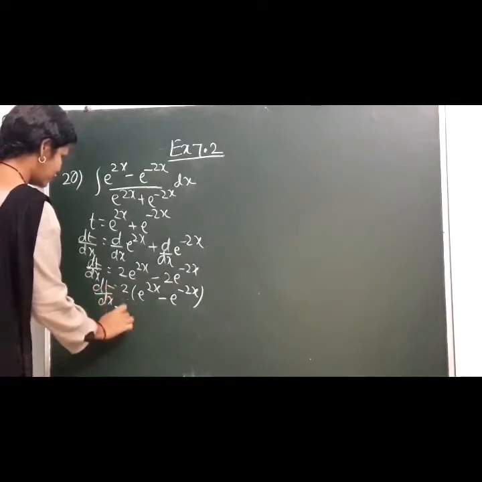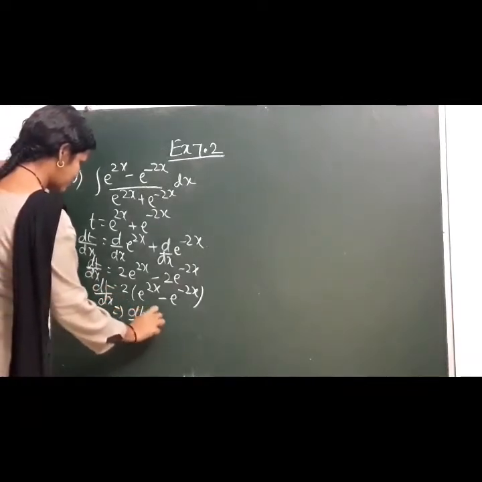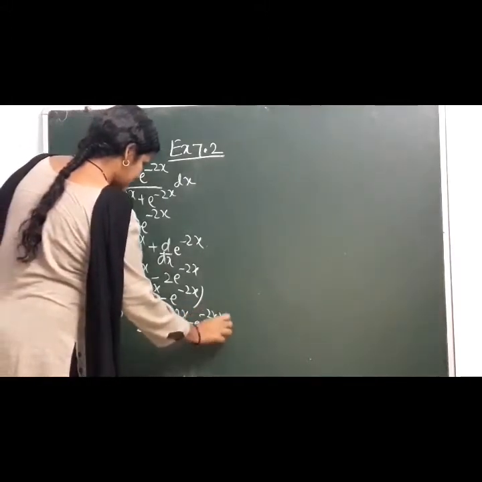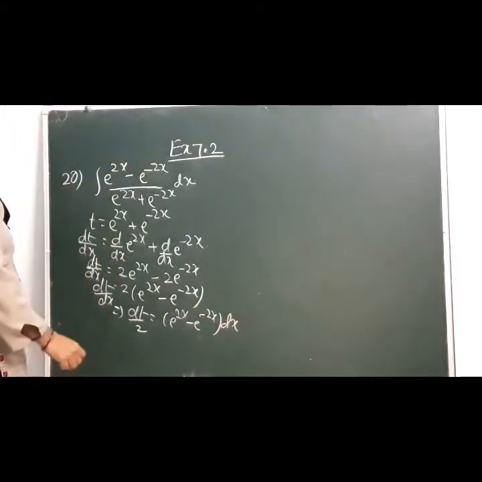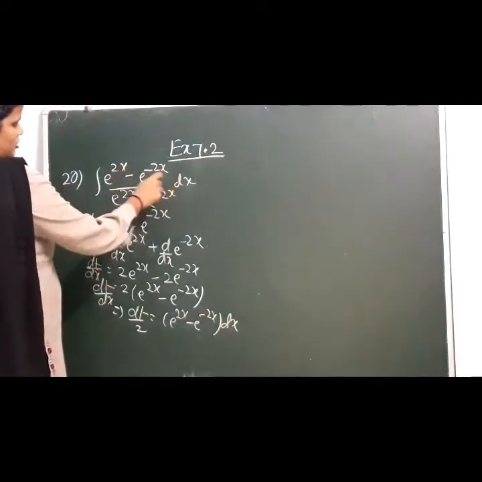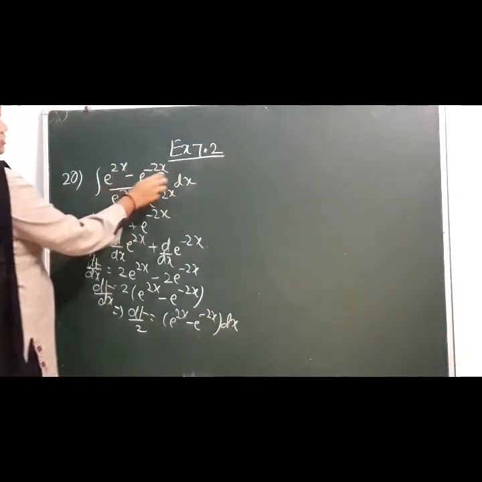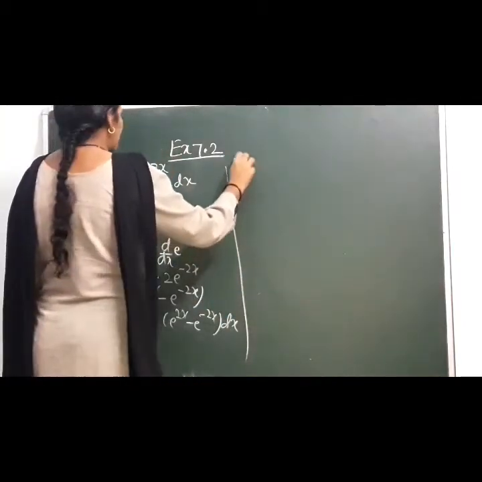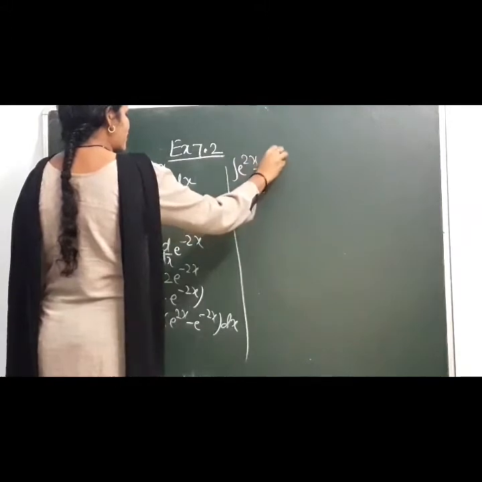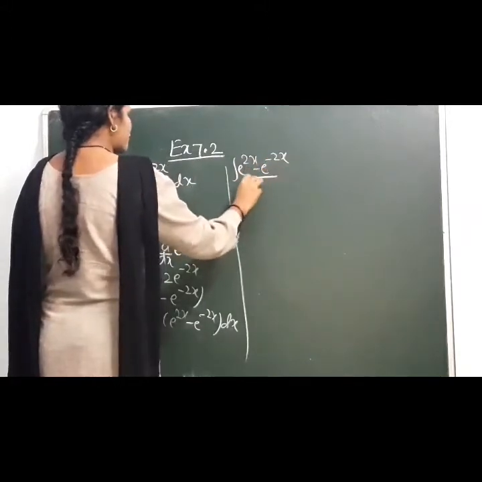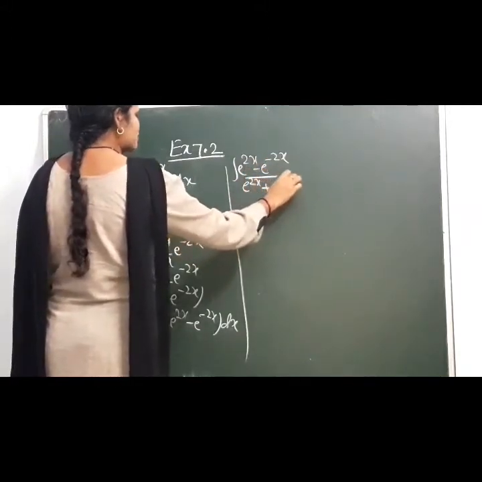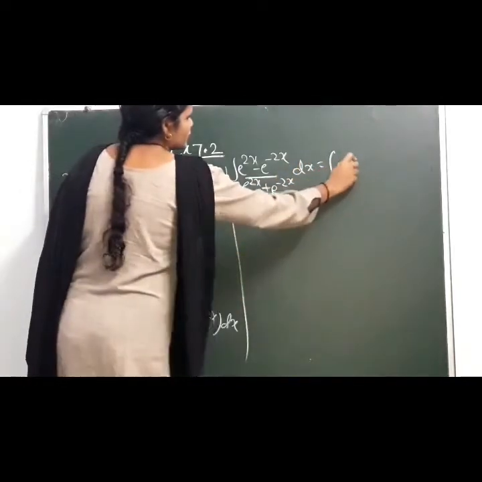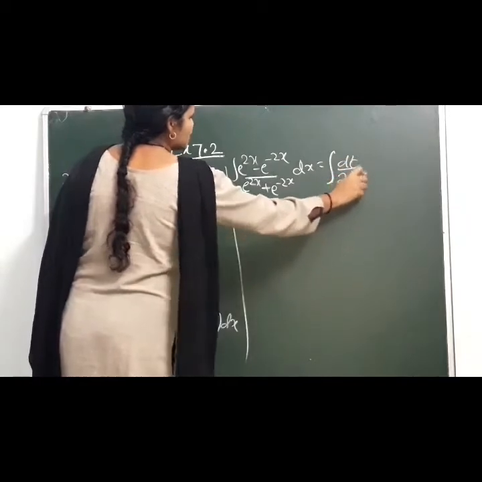So dt upon 2 is equal to (e^(2x) minus e^(-2x)) dx. So in place of (e^(2x) minus e^(-2x)) dx, we can put dt upon 2. So the question is converted like this: the integral of (e^(2x) minus e^(-2x)) upon (e^(2x) plus e^(-2x)) dx is equal to dt by 2 upon t, which we have taken.